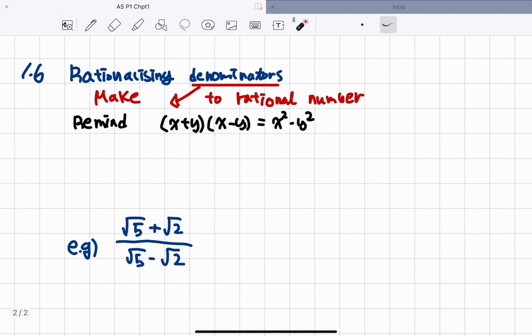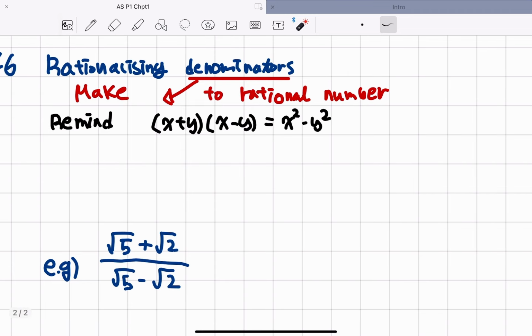1.6, rationalizing denominators. Rationalizing just means making the denominator a rational number. The key point to remember is to understand this formula: x plus y times x minus y equals x squared minus y squared.